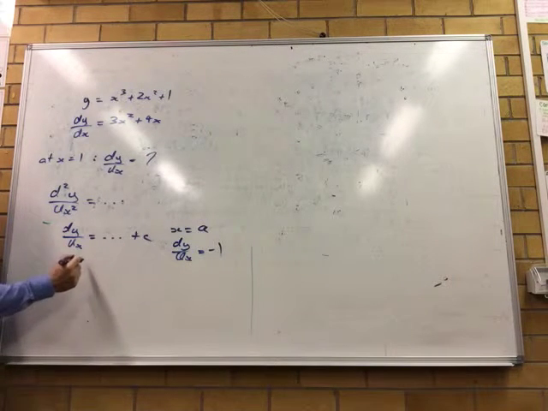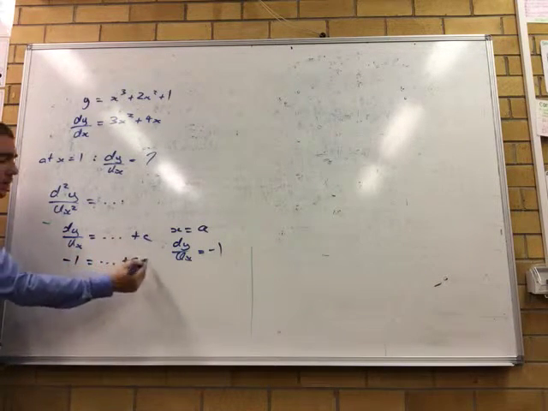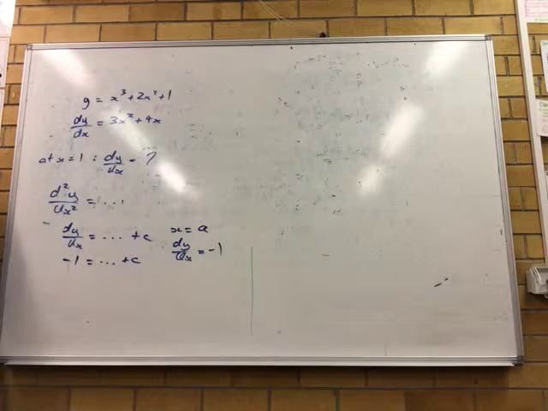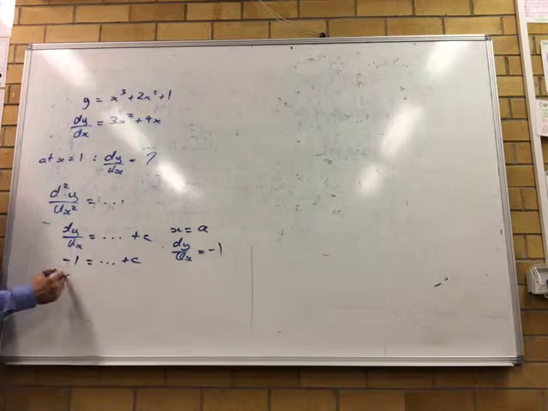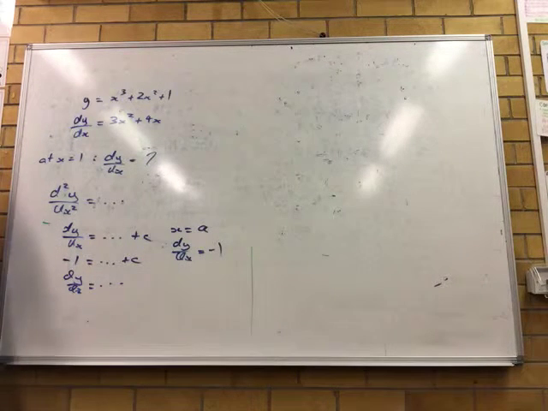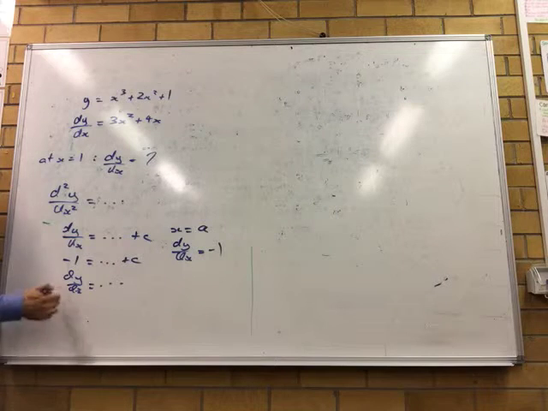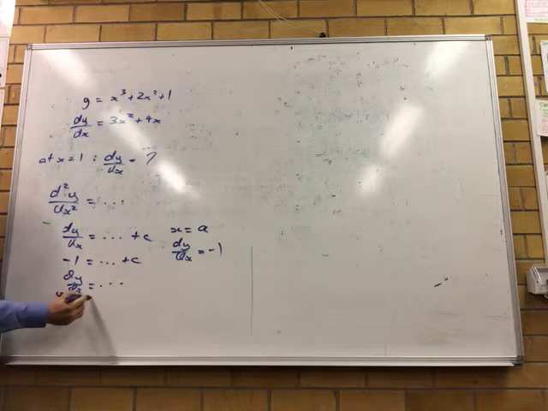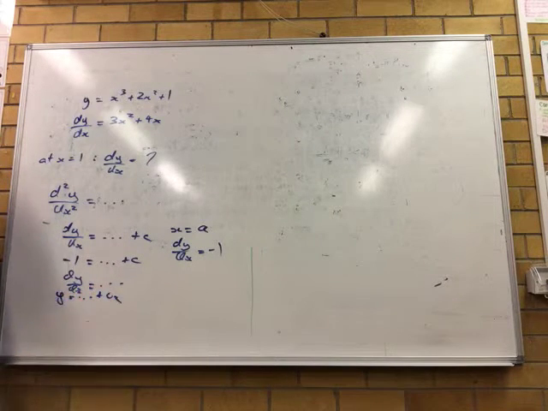So -1 equals whatever plus c. Then dy over dx equals all that and whatever value you find for the constant. You have to do it twice because then it gave you a point. When you integrate this again, you're going to have y equals plus the second constant of integration, and then that's when you substitute that point in.